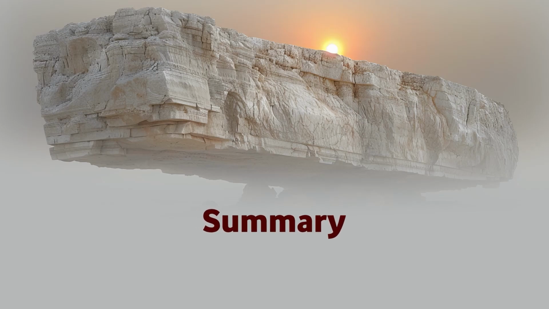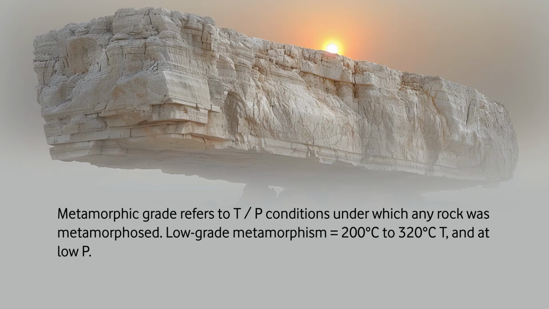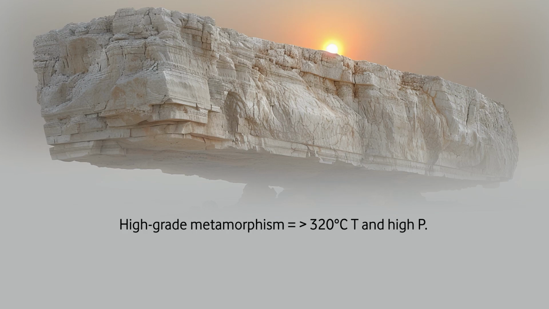Let us summarize. The metamorphic grade refers to the temperature and pressure conditions under which any rock was metamorphosed. Low grade metamorphism: the temperature range is around 200 to 320 degrees centigrade, at low pressure. High grade metamorphism: the temperature is greater than 320 degrees centigrade and the pressure is high.